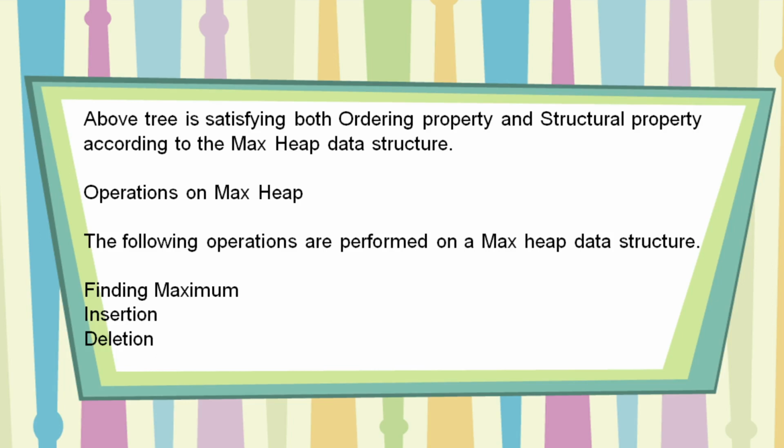The above tree satisfies both the ordering property and structure property of max heap data structure. The operations on max heap are finding the maximum, inserting an element in a max heap, and deleting an element in a max heap data structure.